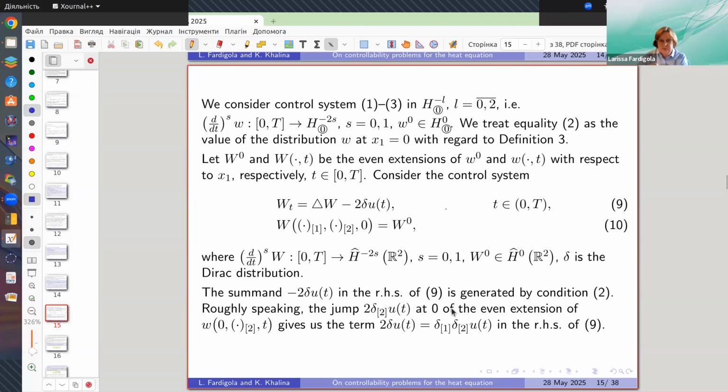This summand is generated by a boundary condition. Roughly speaking, the jump of delta 2 multiplied by u at 0 in the even extension of our function gives us the term in the right-hand side of our equation.